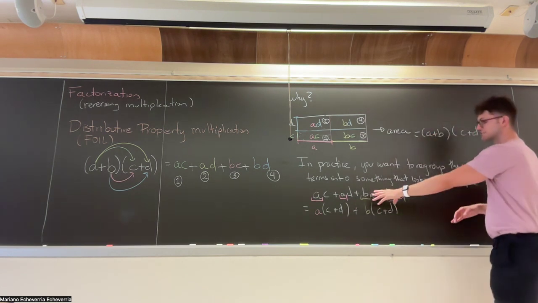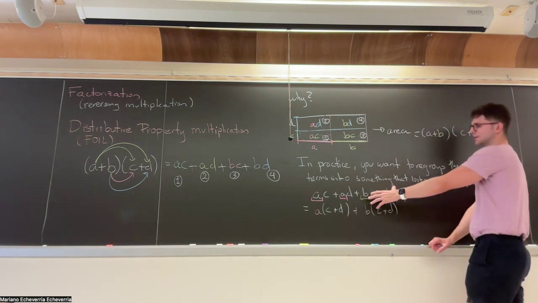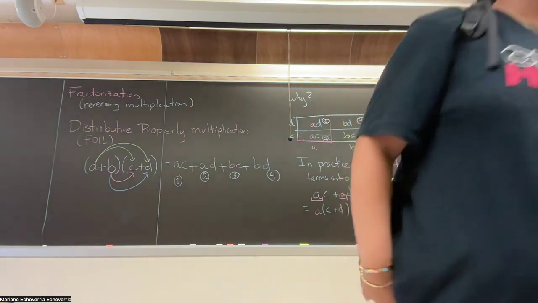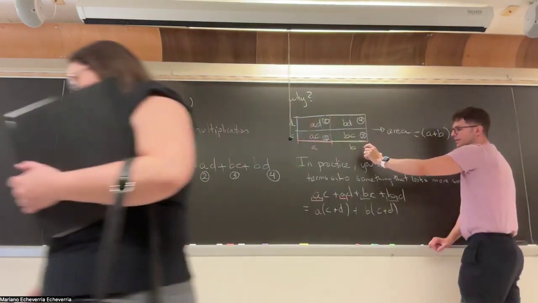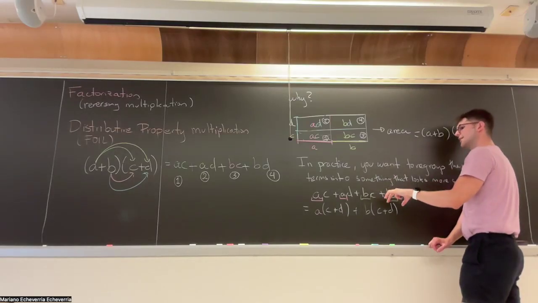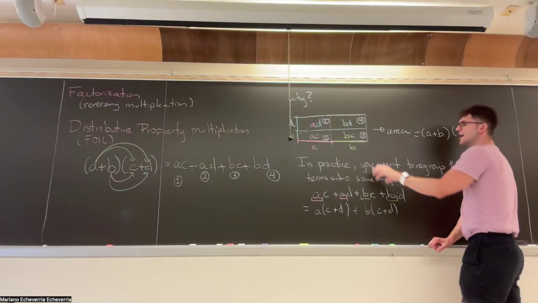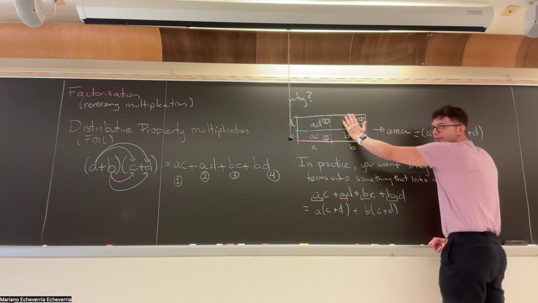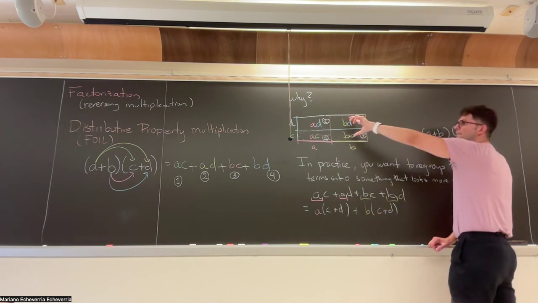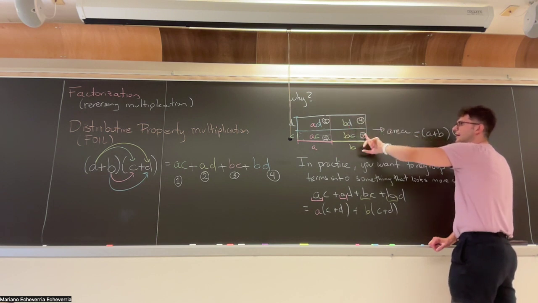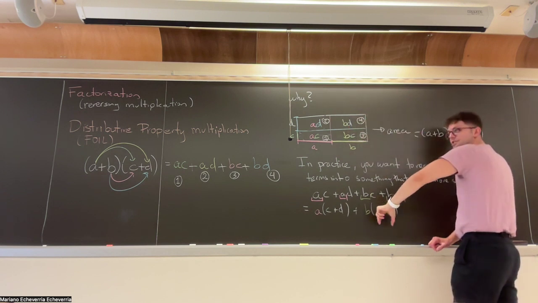And likewise with the last two. The last two is adding the area of the third and fourth rectangles, right? When you add up those two areas, that gives you a slightly bigger rectangle, which has base B and the other side is C plus D, which is what you see here.